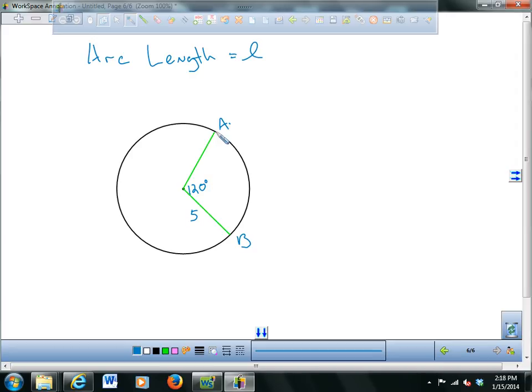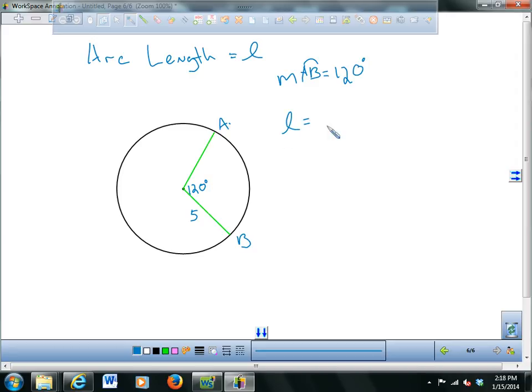And what arc length means is if I traveled along the curve, how far would I go? Okay? Arc measure is how big the angle is. So what's the measure of arc AB? 120. That's just 120. But the arc length is how far it is from here to here. And to figure that out, you kind of have to figure out what part of the circumference of the circle is that. Okay? So the formula for arc length is this.